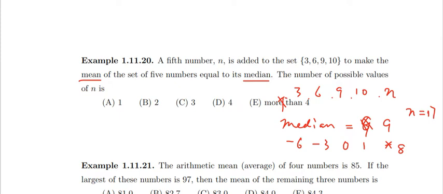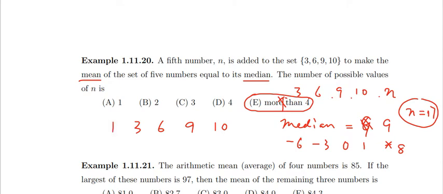Okay, so we check the other cases. Because we know n equals 17 works, let's check whether n can be 1, 2, 3, or 4.